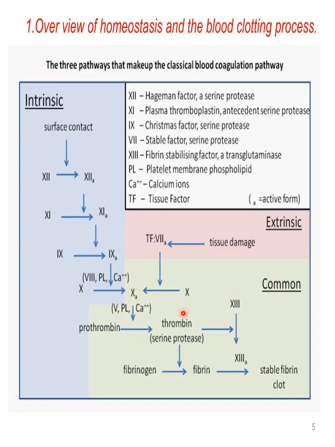The subsequent step is whereby this activated factor 10A converts prothrombin into thrombin, which ultimately acts at the final step in which fibrinogen, which is more of a liquid form, changes into a semi-solid form, fibrin. Then this fibrin has to be stabilized, which is done by factor 13A, and then it forms a stable fibrin clot.